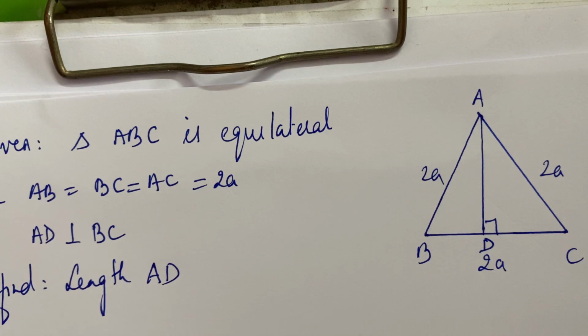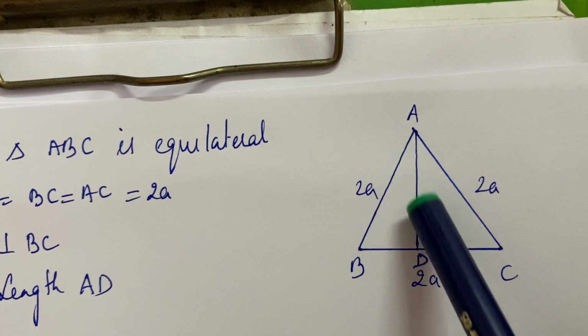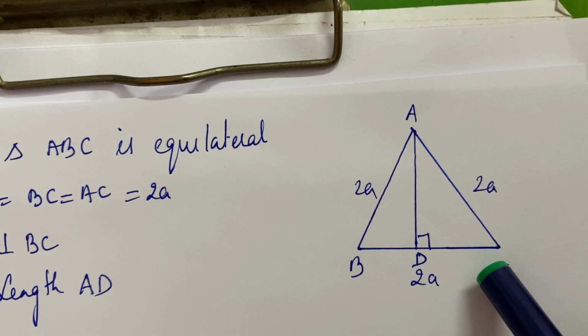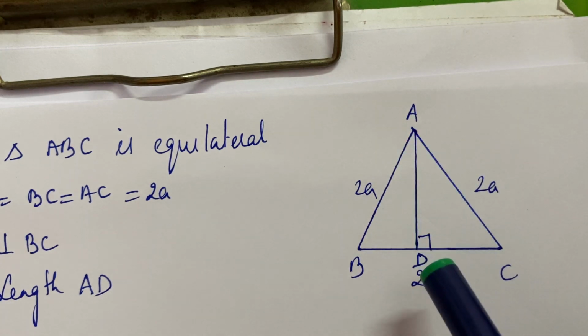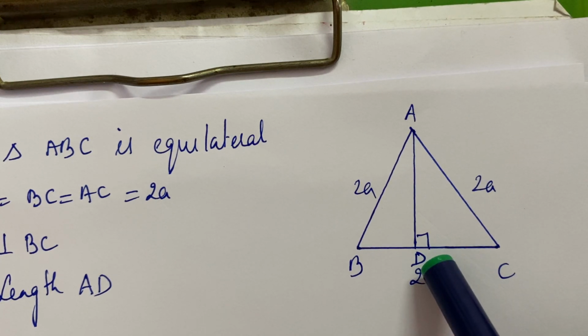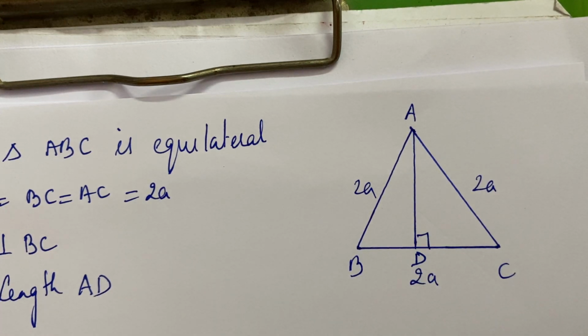I have been always telling a property of equilateral triangle. For an equilateral triangle, the altitude AD is also the perpendicular bisector of the opposite base. This altitude AD is also the angle bisector. It is also the median. And for an equilateral triangle, the altitudes, the medians, the angle bisectors, the perpendicular bisectors, the lengths will be the same.